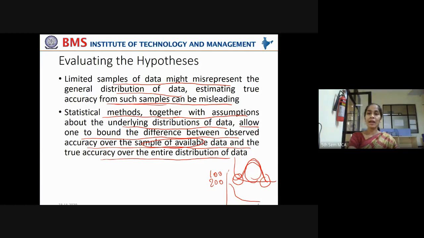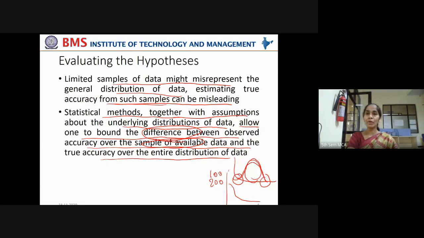So we have to make some assumptions with the statistical methods in order to bound the difference between observed accuracy over the sample of available data and the true accuracy over the entire distribution of data.